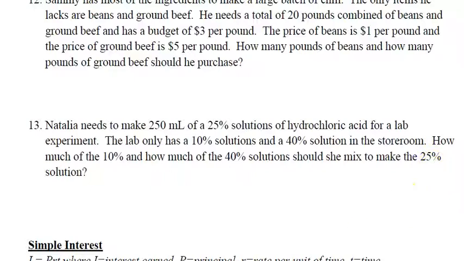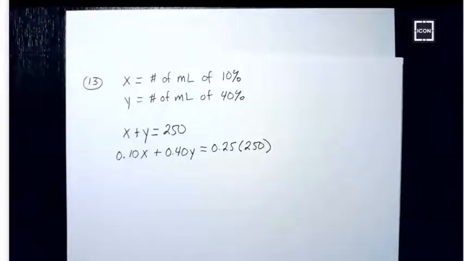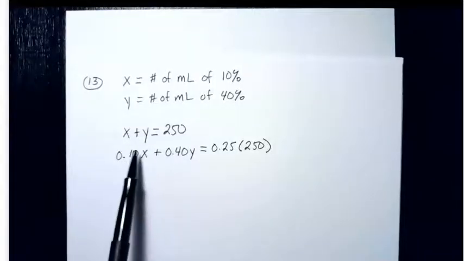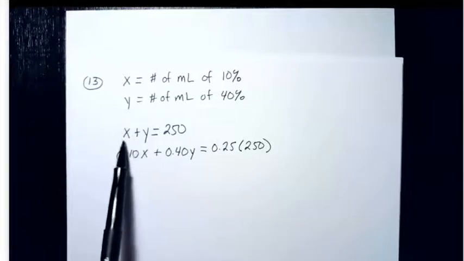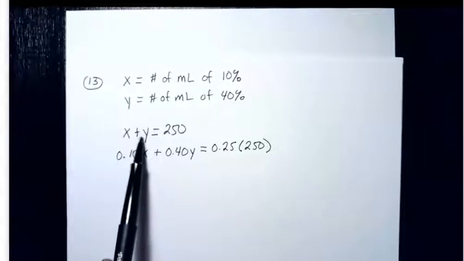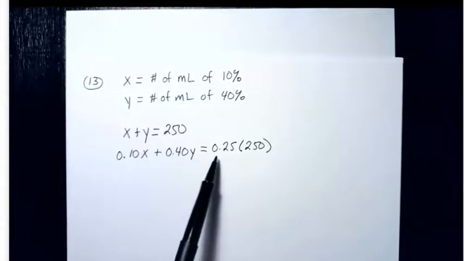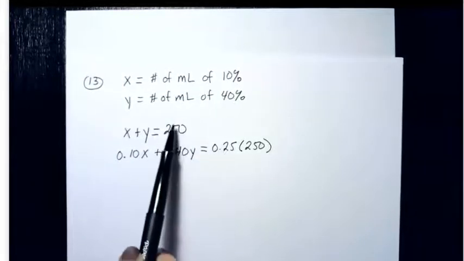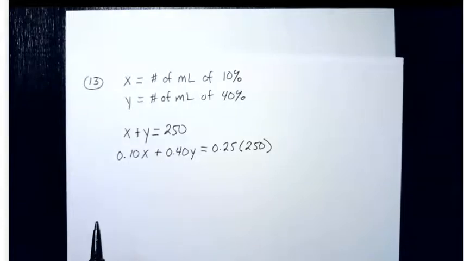So let's go ahead and write that equation. All right, so here's what that equation would look like. So 10% of this many milliliters plus 40% of this many milliliters should equal 25% of the entire solution. So the percentage is the amount of chemical in that solution.